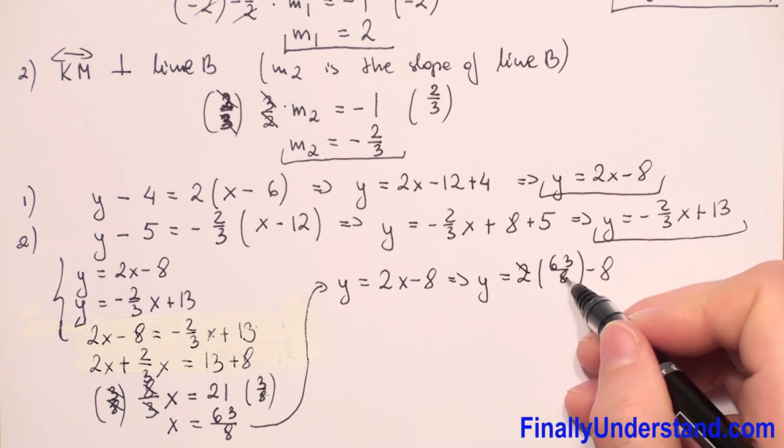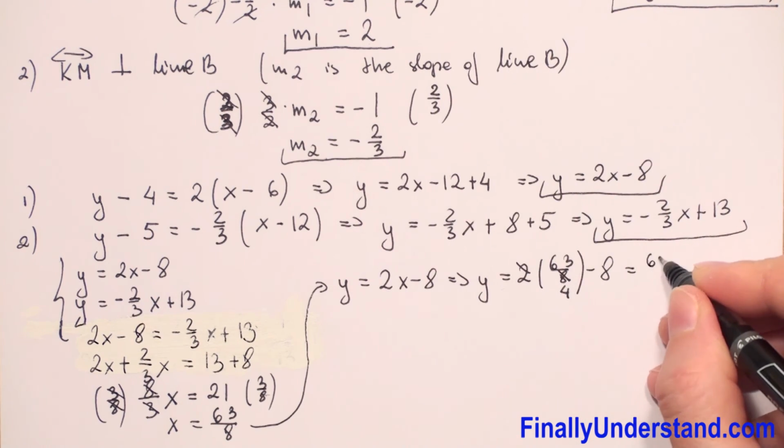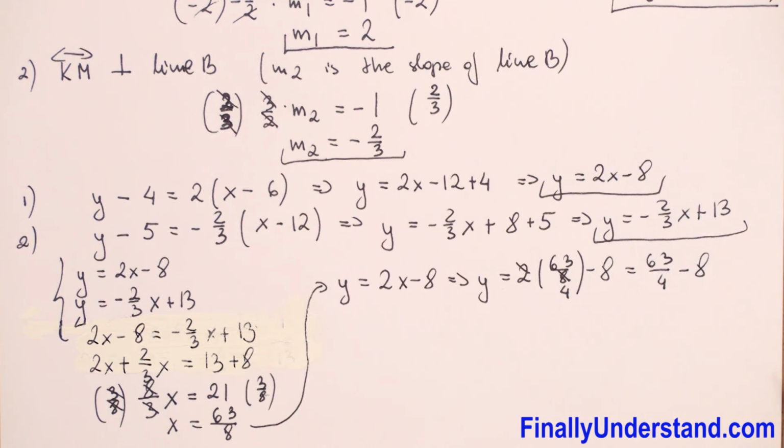We can reduce 2 with 8, so it will be 4, so this is equal to 63 over 4 minus 8. Now I will change this improper fraction. So this is equal to 15 and 3 over 4 minus 8.